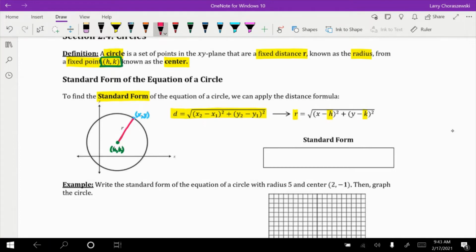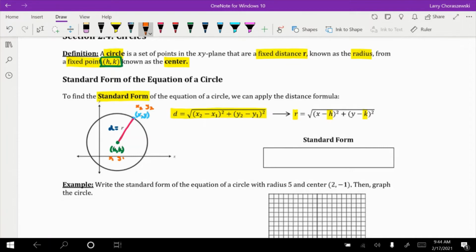But because the point x y is a point on the circle, the distance from the center to that point on the circle would be the same as the radius, which is why, in the formulas to the right of this, we're seeing d getting replaced by the variable r. You can think of the x and y coordinates of the point on the circle as an x2, y2 combo, and then the center of the circle as an x1, y1 combo.